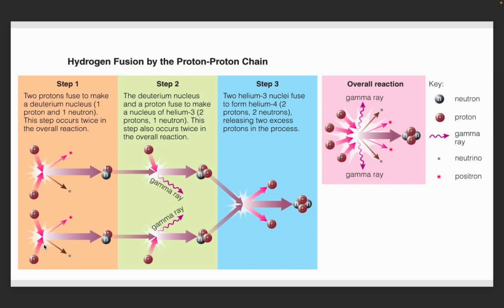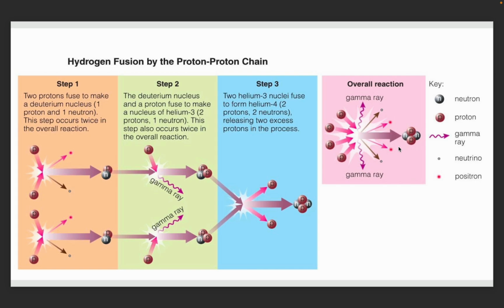So this occurs two times, and after the deuterium forms, the deuterium nucleus and another proton fuse and make helium 3, which has two protons and one neutron in the nucleus. This step also occurs twice in the total overall reaction. And from the helium 3 nuclei, two helium 3 nuclei fuse and form helium 4, and two protons are also released in this process.